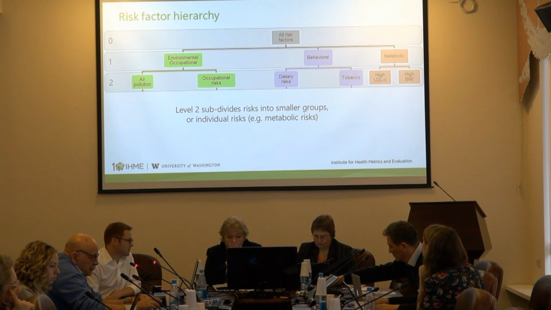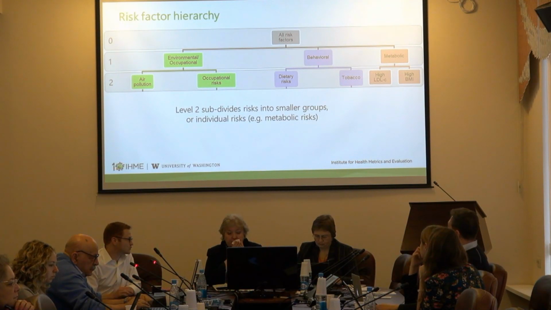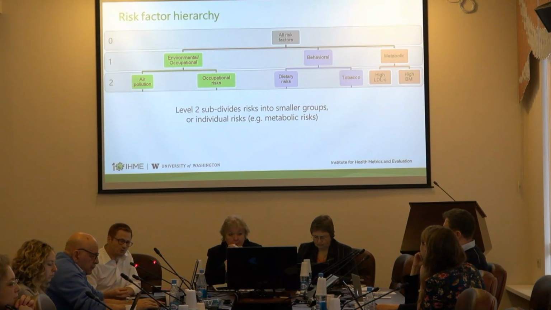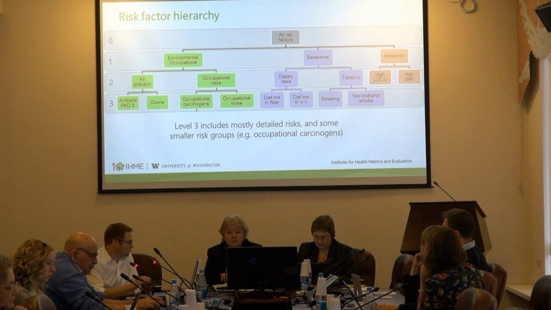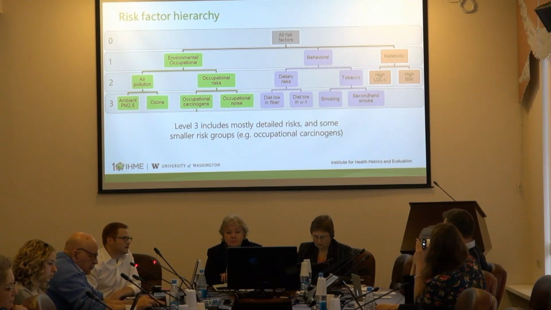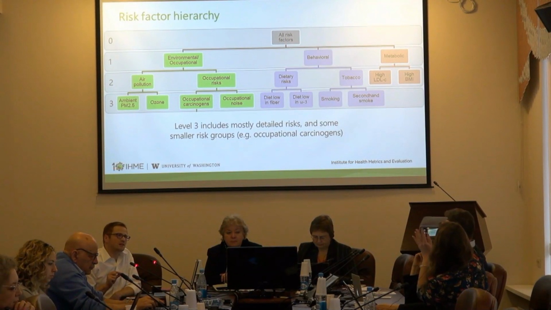Within environmental and occupational, we have air pollution and occupational risks at level 2. Within behavioral, we have dietary risks and tobacco. Within metabolic risks, we have high LDL cholesterol and high BMI. We can go further down the cascade. Level 3 is mostly individual risks, but there are a few smaller risk groups.